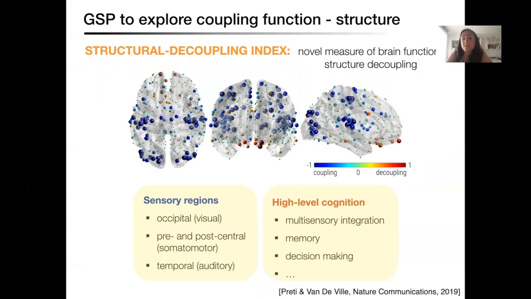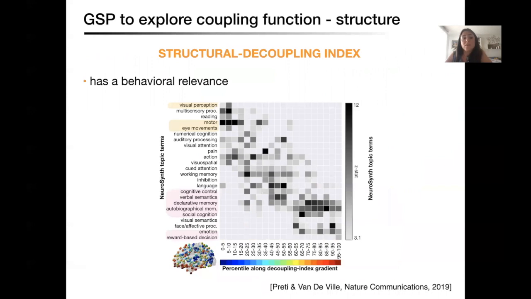It allows you to quantify the relationship between function and the underlying structure across the brain. And what we could see is that there is a specific spatial pattern of this structural decoupling index going from lower level sensory regions, which are more coupled, to high level cognition regions, which are more decoupled. Then we showed that this spatial pattern of SDI has a behavioral relevance because it relates to behavioral domains, from more basic to more complex, higher level.